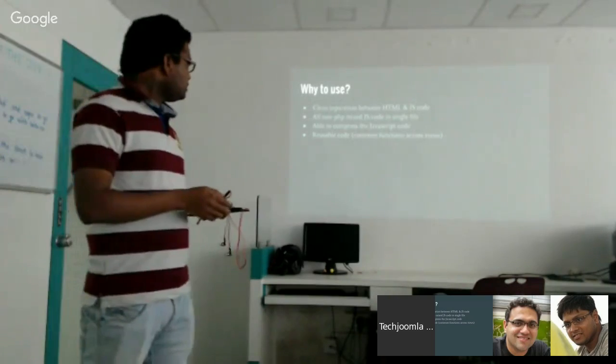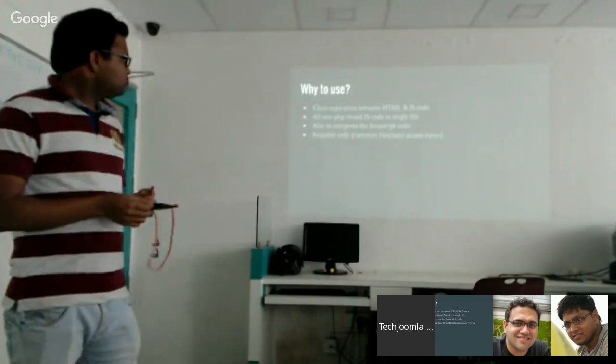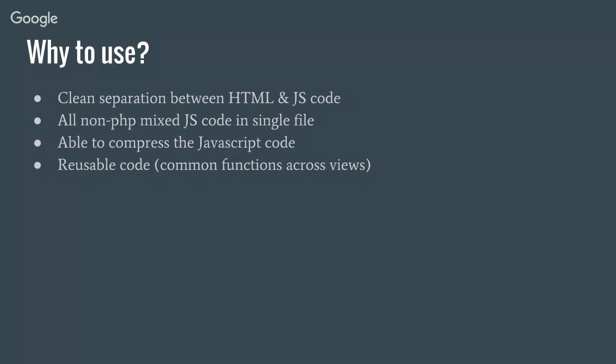Then also, since that is covered. So basically when you write all the JavaScript inside your default.php, the DOM size increases as you keep on adding all the code inside HTML elements.